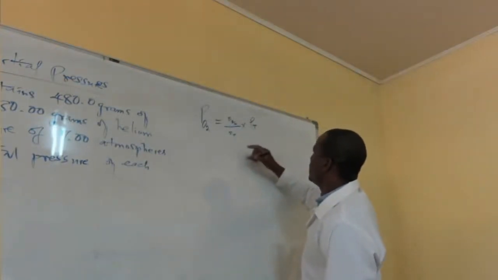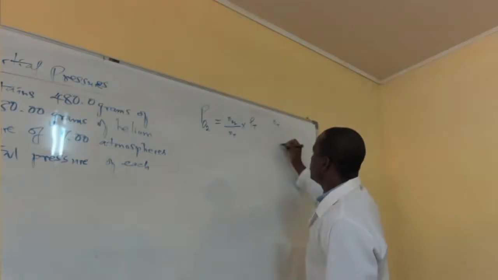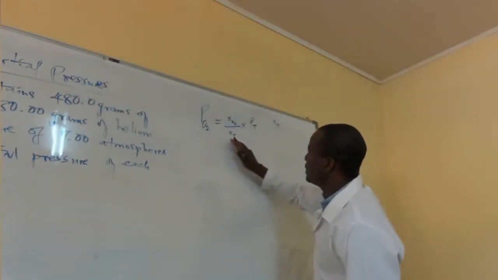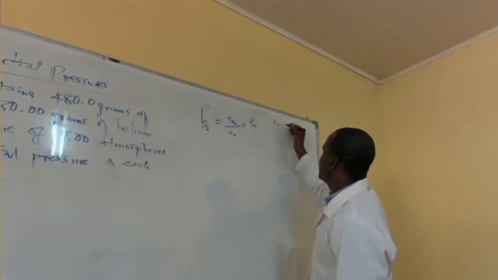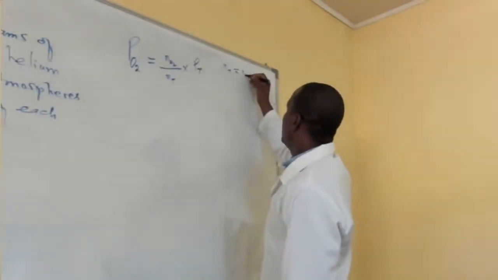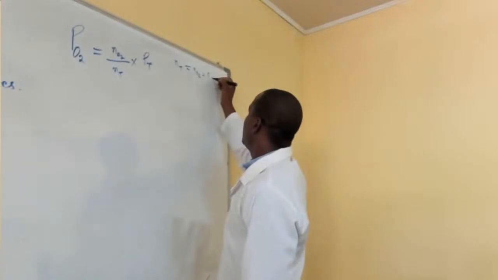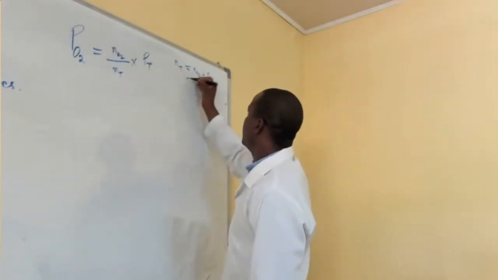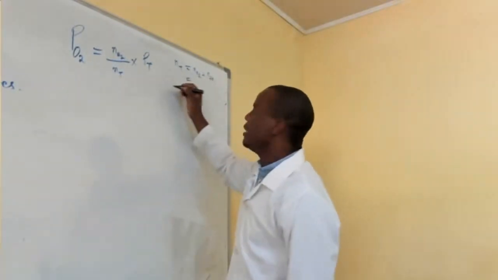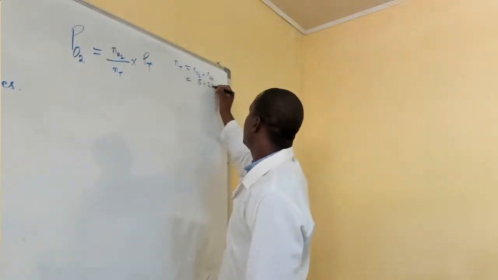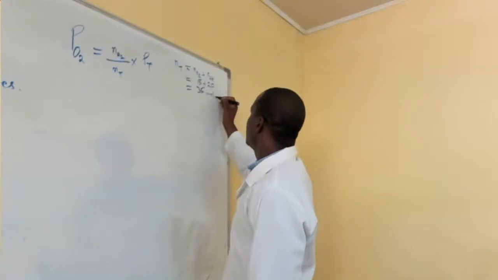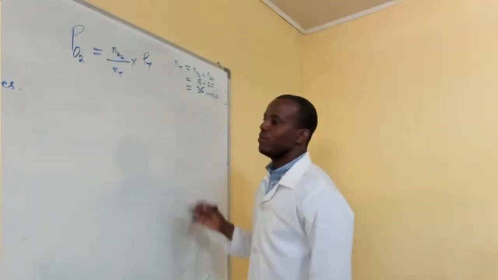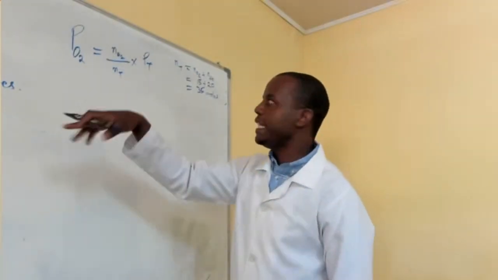Here, N total, the number of moles within the mixture, will be the sum of the moles of oxygen plus the moles of helium. So 15 plus 20 is equal to 35 moles. That is the total number of moles in that mixture.